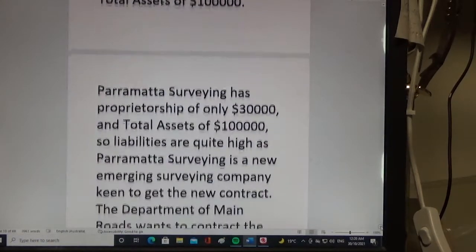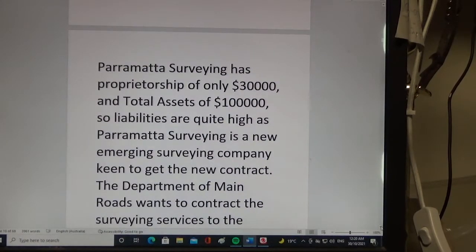Parramatta Surveying has proprietorship of only $30,000 and total assets of $100,000. So liabilities are quite high, as Parramatta Surveying is a new emerging surveying company keen to get the new contract.